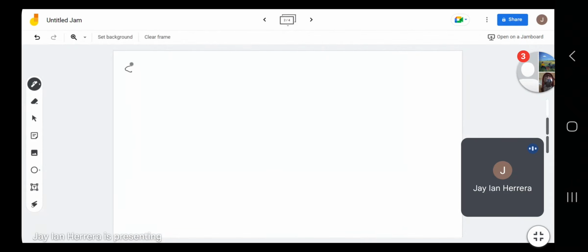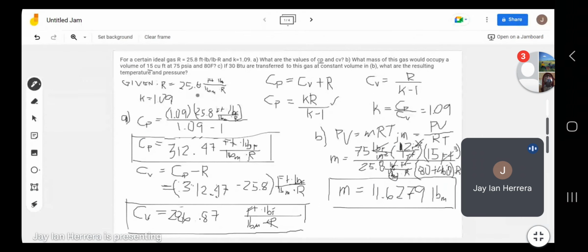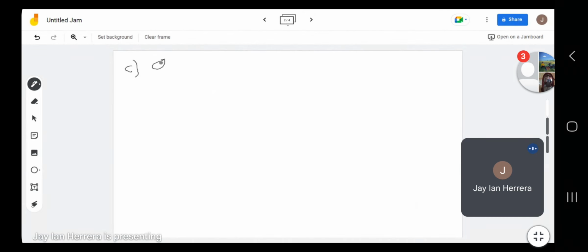So for letter C naman, tinatanong doon is, if 30 BTU are transferred to this gas at constant volume, so what are the resulting temperature and pressure? So nag-add tayo ng heat equivalent to 30.